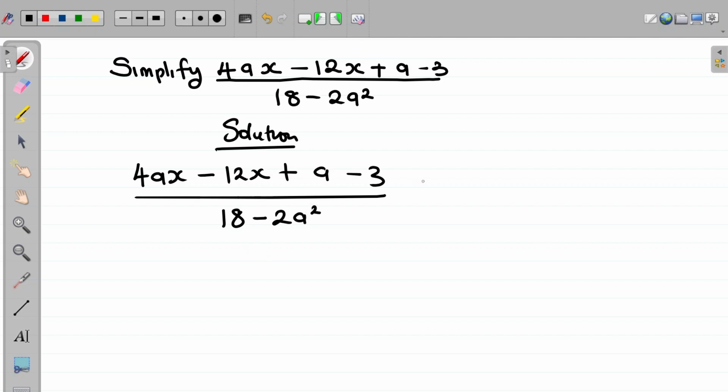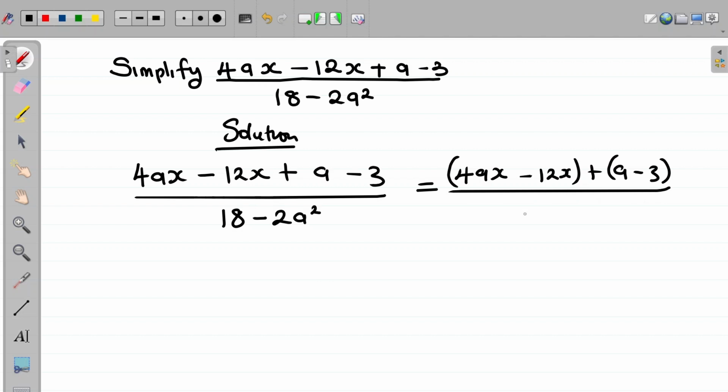Now, from our numerator, we can group terms. So we have 4ax minus 12x grouped together, plus a minus 3 also grouped together, all divided by 18 minus 2a squared.